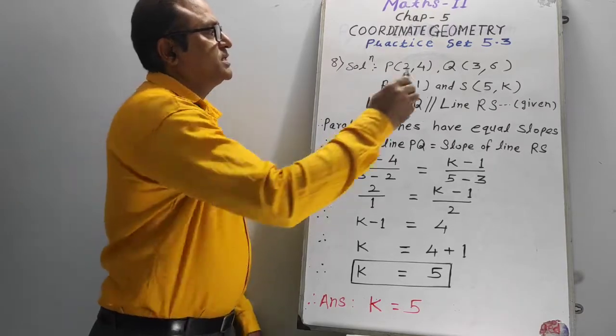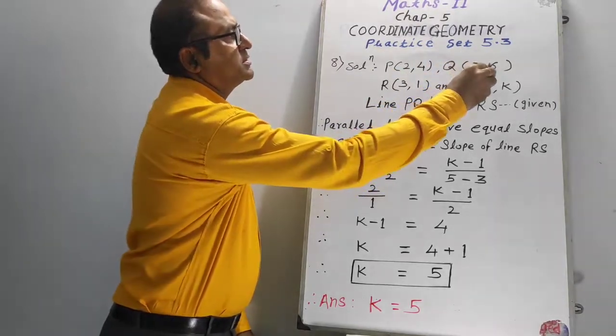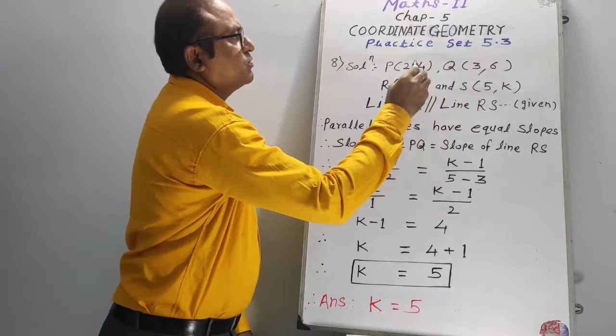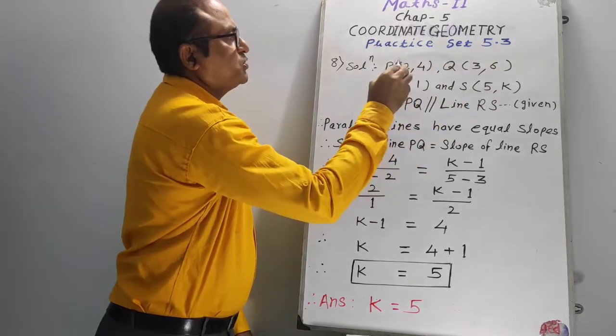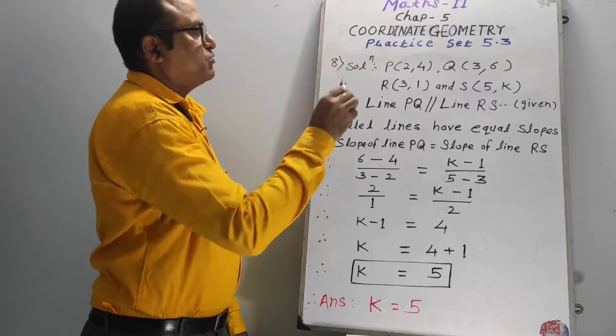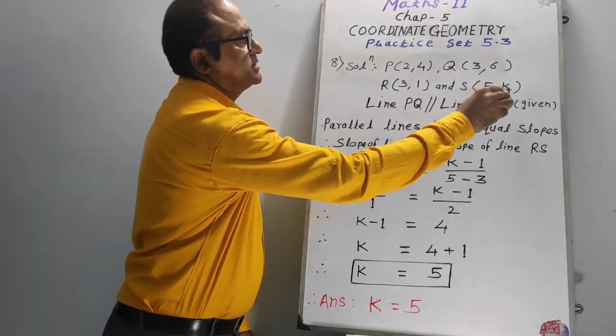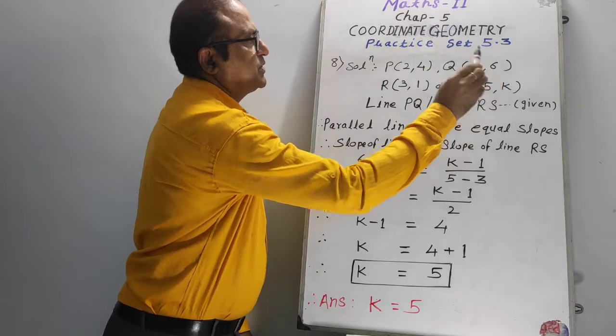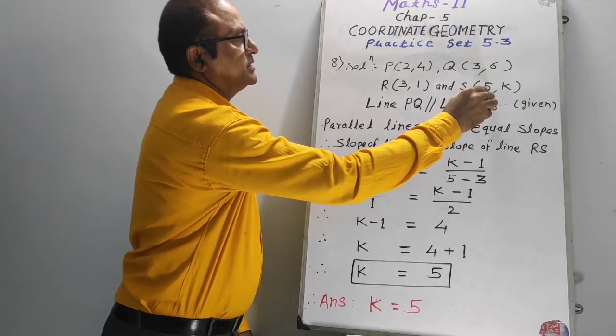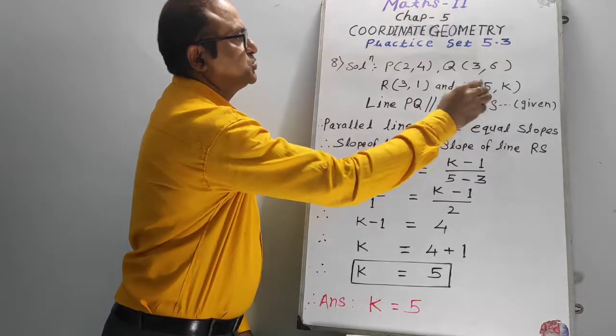Therefore, in points PQ, this is y2, y1, x2, x1, and in points RS, y2, y1 and x2, x1.